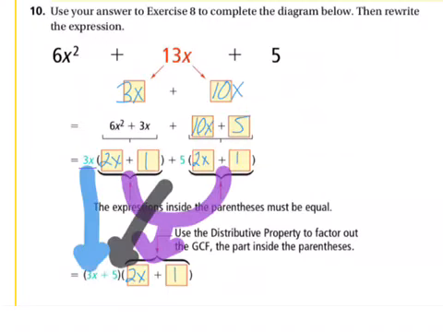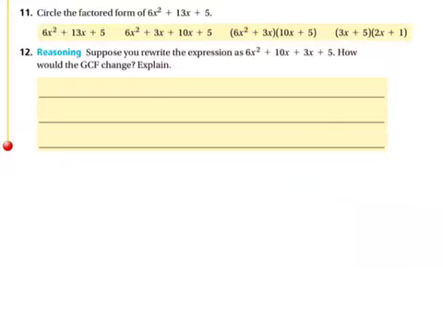As you can see, the 2x plus 1 needs to be the same in each of the parentheses. When it is, we can use the distributive property to factor out the greatest common factor. So we end up with our factored form of 6x squared plus 13x plus 5 being the quantity 3x plus 5 times the quantity 2x plus 1.